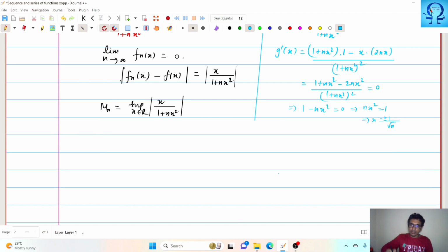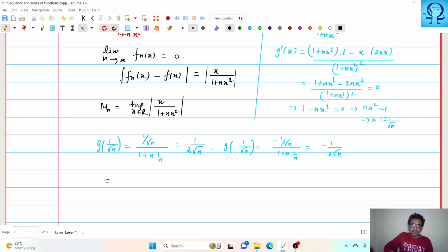Whatever it is, if we substitute this value into the function, what are we going to have? g of 1 upon root n would be 1 upon root n over 1 plus n times 1 upon n, which is simply 1 upon 2 root n. And g of minus 1 upon root n is minus 1 upon 2 root n.